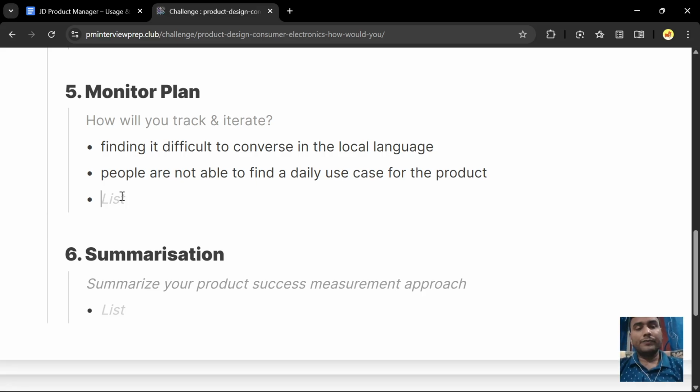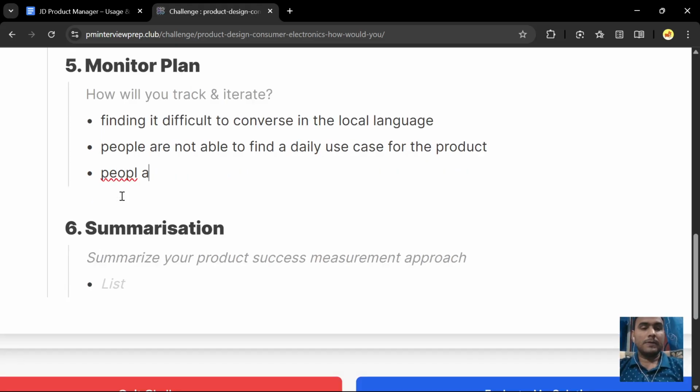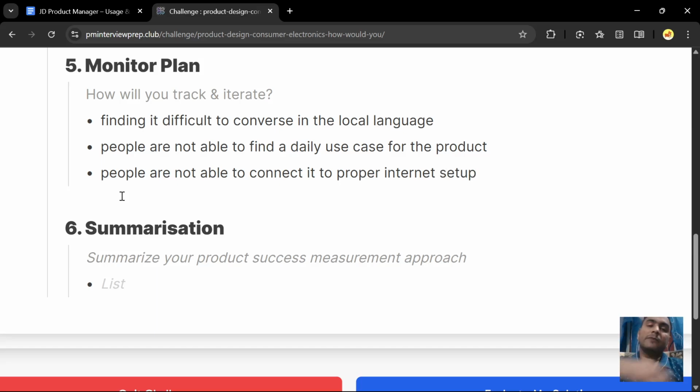Other reasons I can think of would be that people are unable to connect it to a proper internet, because it needs a continuous, high speed internet to work properly.